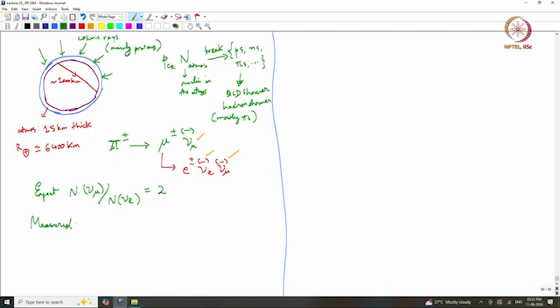What was measured at detectors was that this ratio was around 0.5 to 1 actually, depending on your energy, the direction in which you are measuring and all that. But it was never 2. That's the main thing here, much smaller than 2. At most half of 2.